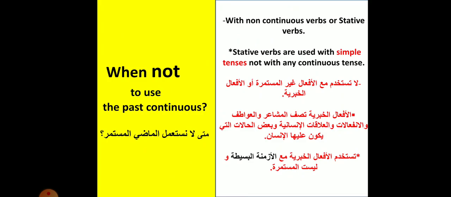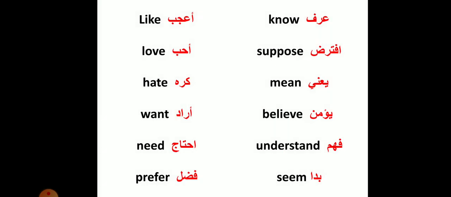Okay? So let's see some examples of the stative verbs. Verb to like, verb to love, verb to hate, verb to want, verb to need, verb to prefer, verb to know, verb to suppose, verb to mean, verb to believe, verb to understand, verb to seem, etc.